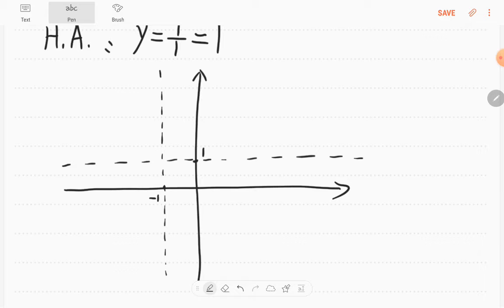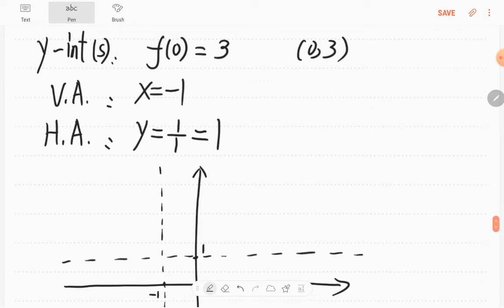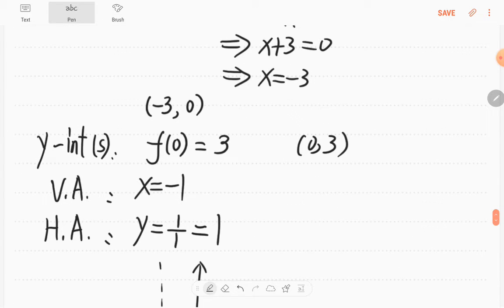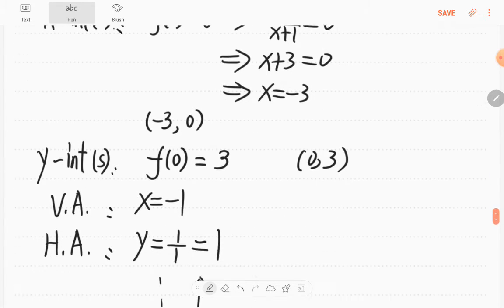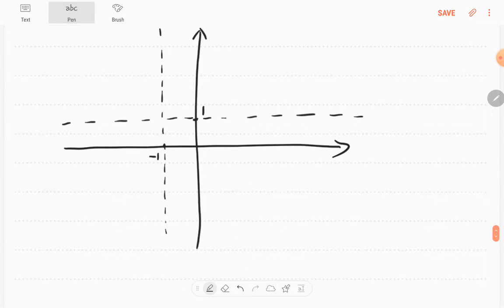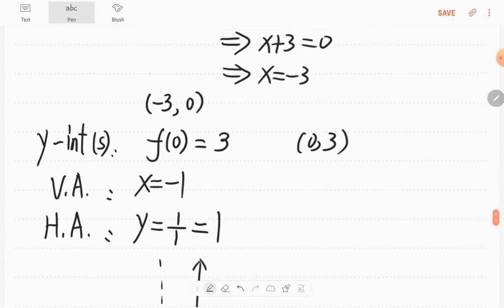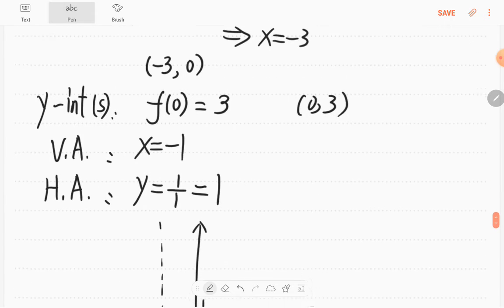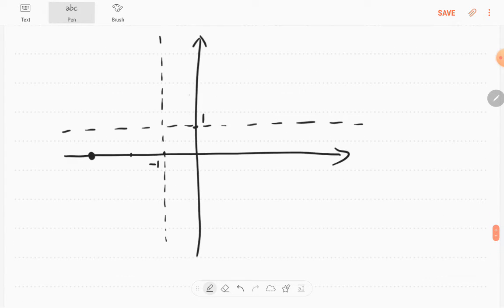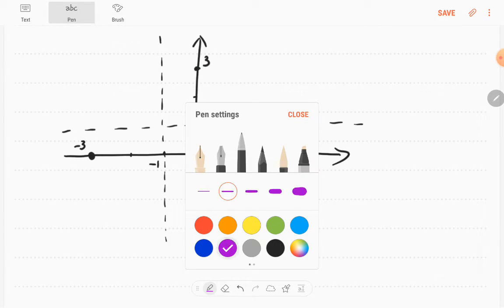The intercepts will tell you which part. It will have 4 parts, right? Which part will have the curve. The x-intercept is -3, so it must go through this point. And the y-intercept is (0, 3), 1, 2, 3, 3 is here, right? This is -3. Okay, so our curve, I use another color.